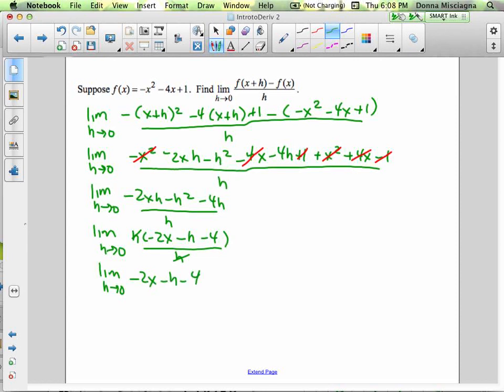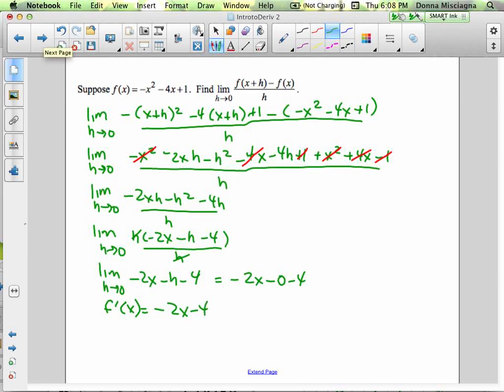Now at this point we could substitute the 0 for the h and then drop the limit statement. So actually I'll put it over here. So then when we substitute 0, we have negative 2x minus 0 minus 4. That means that the derivative for negative x squared minus 4x plus 1 is negative 2x minus 4.